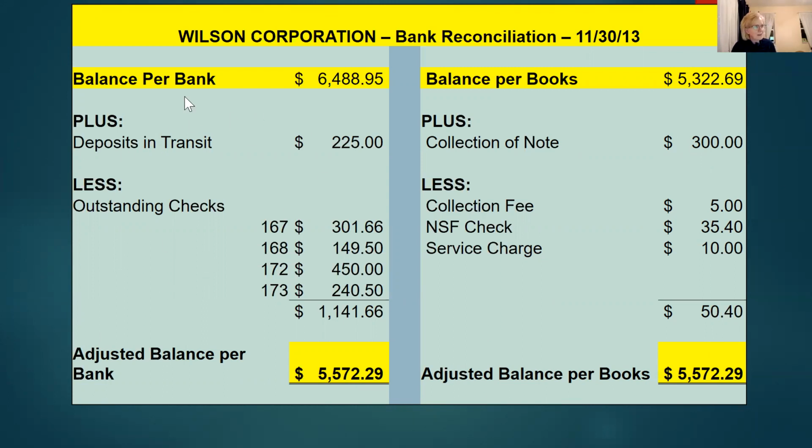On the bank side, you're going to add any deposits in transit, and you're going to subtract any outstanding checks. So if you see deposits in transit, it means that the company collected the money from the customer, but the timing is such that they recorded it, but the bank hasn't recorded it yet.